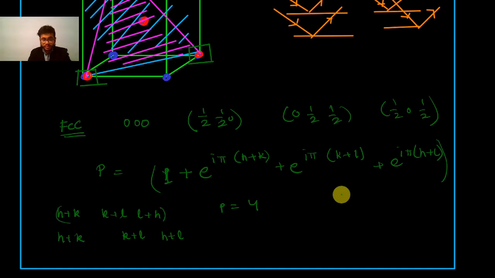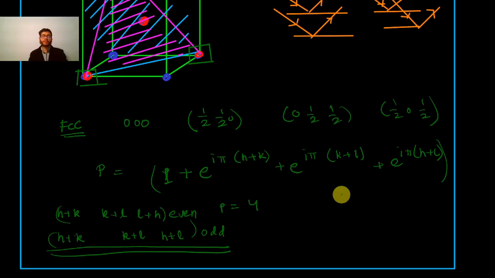So all of them even, or all of them odd, but it should not be that one is even and the other two are odd. If you see mathematically, that is not possible.